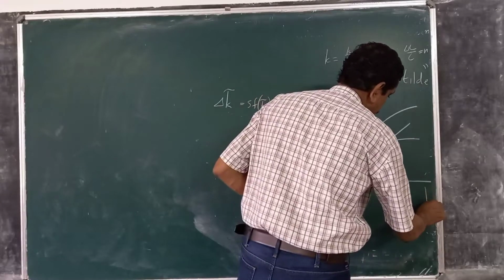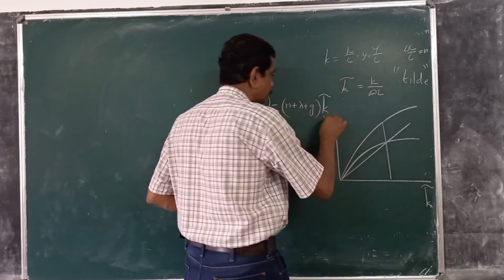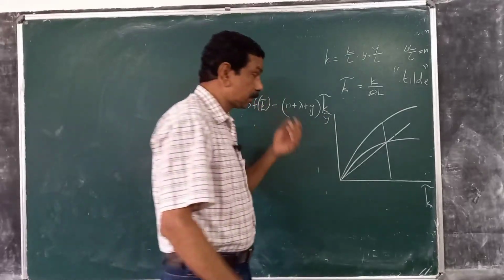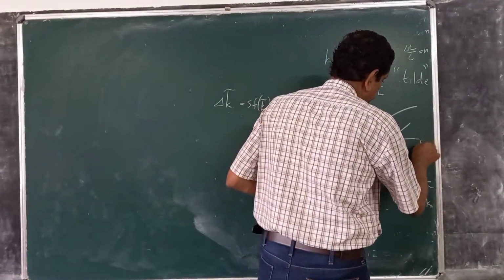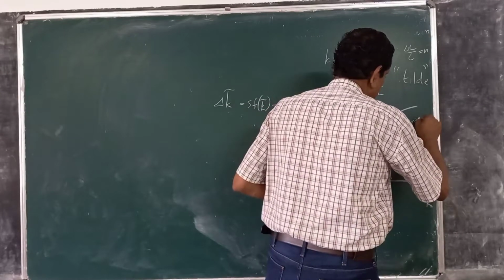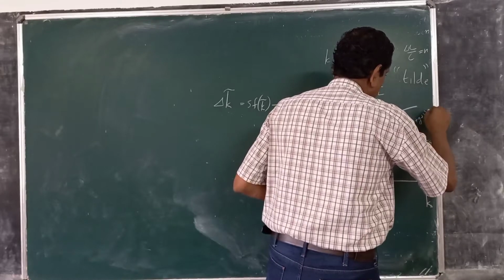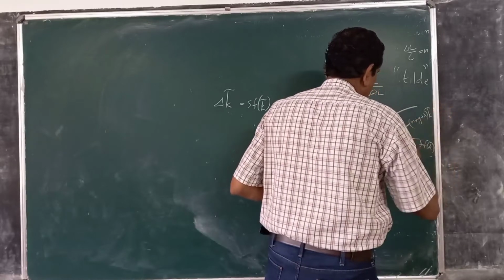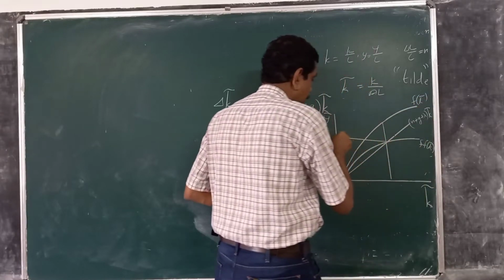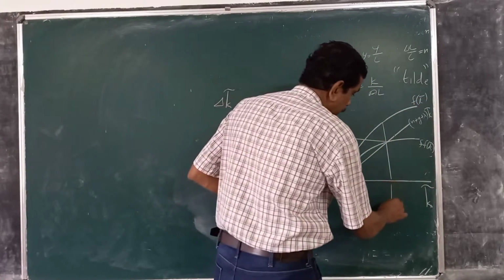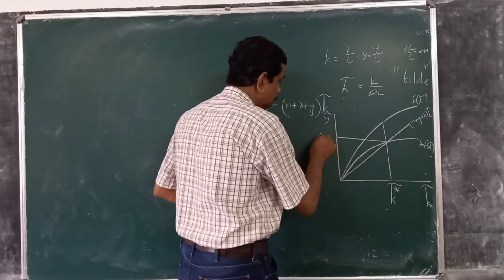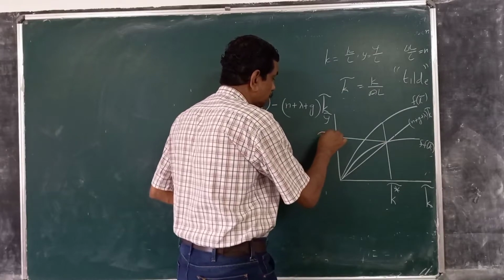This is K tilde, this is Y tilde, and this is (n plus g plus lambda) into K tilde, and this is s f of K tilde. This is K star tilde, and this is Y star tilde.